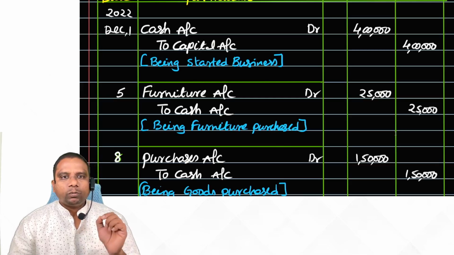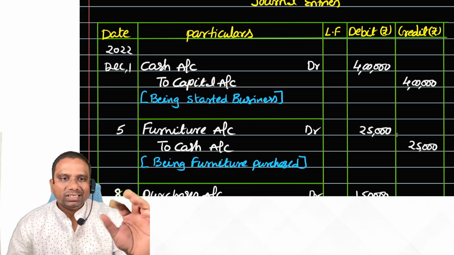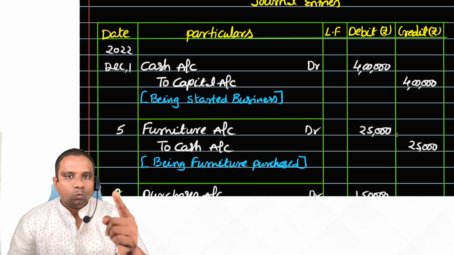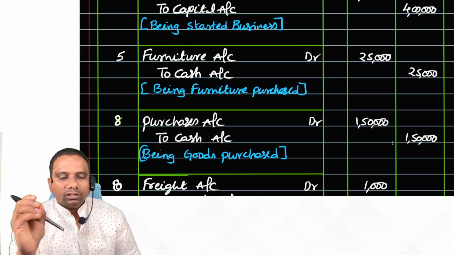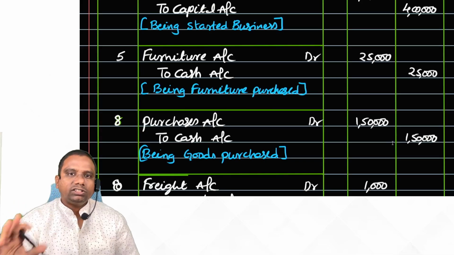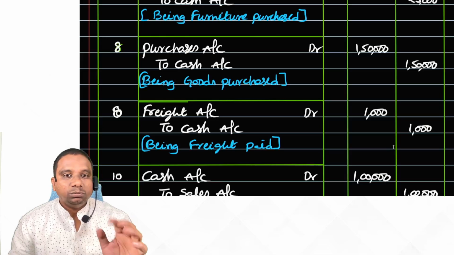Like in our problem number 13, observe the first entry, how many accounts you find. Two accounts, one debit, another credit. Next one, furniture account, cash account. One account debit, one account credit. This is called a simple entry. Next one, purchase account debit, cash account credit. Simple entry.